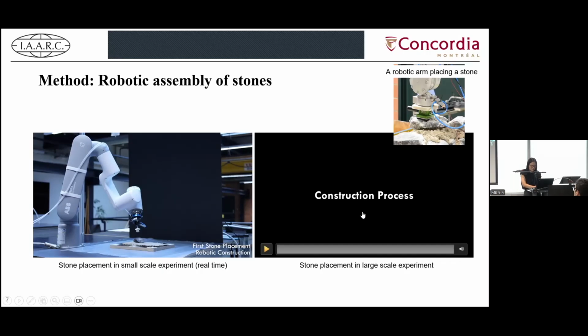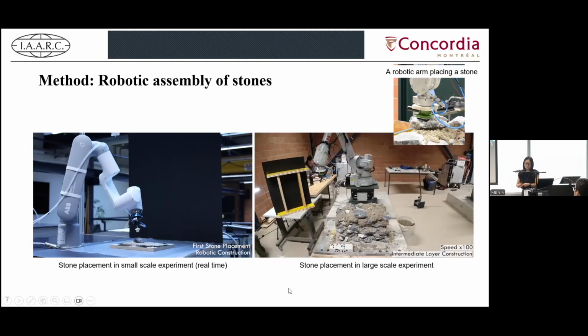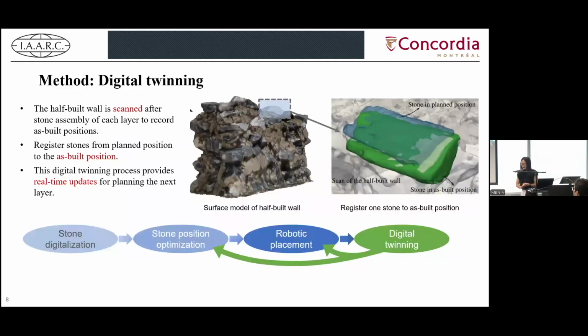Then we construct another stone masonry wall at around half a meter scale, with stones ranging from 10 centimeters to 40 centimeters. In this process, as you can imagine, once the robot places a stone, it could move a little bit.